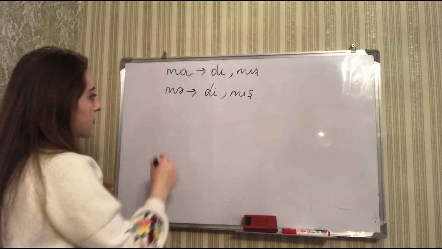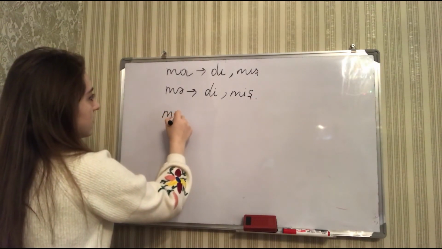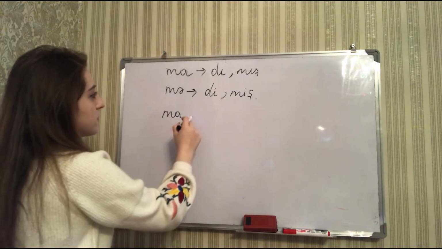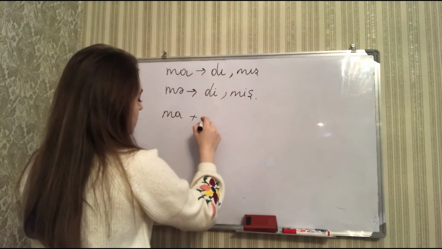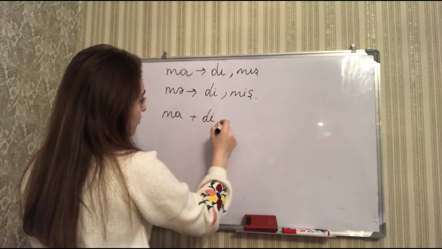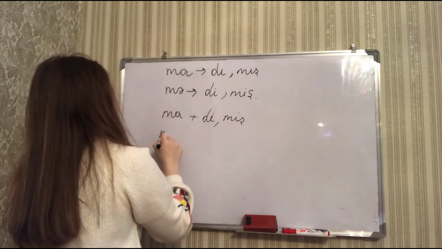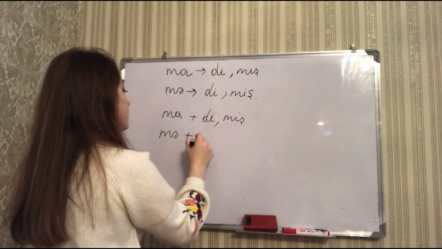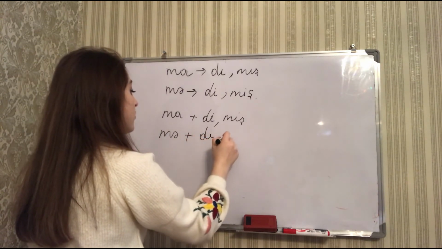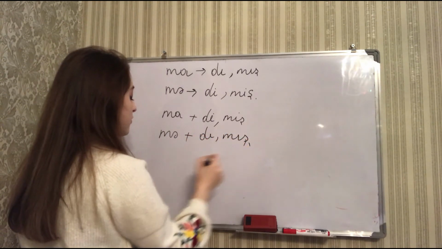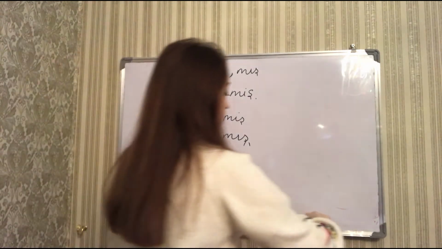So, we can't use after ma, for example, the d or miş. Also, after me, we can't use the d or mış. It is false. Why is it false?